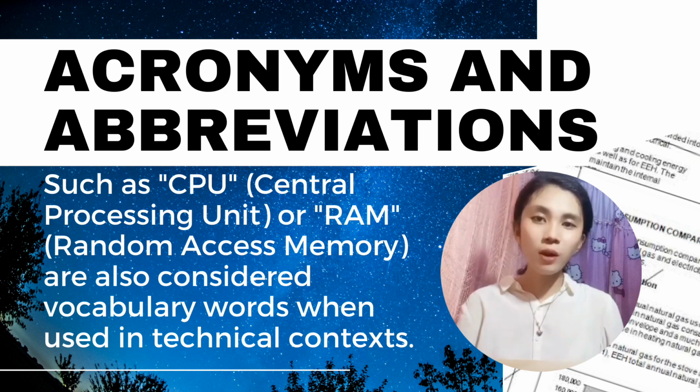So technical vocabulary plays a crucial role in ensuring clear and accurate communication within specialized fields. These words are chosen for their specificity, and standardization and conciseness enable professionals to convey complex ideas efficiently and avoid misunderstandings. And that's all for my part.